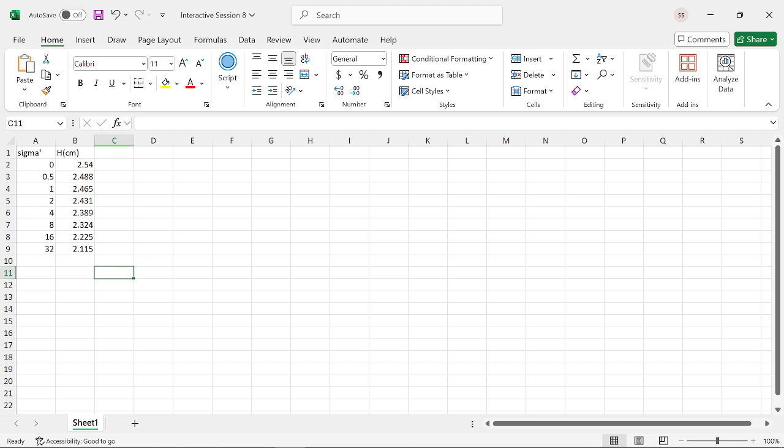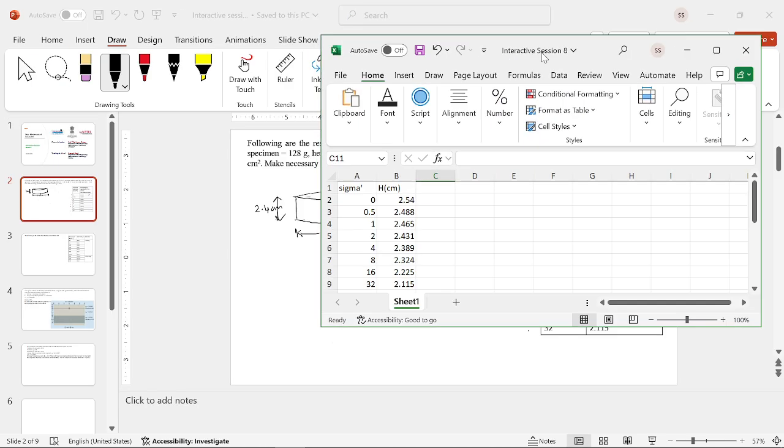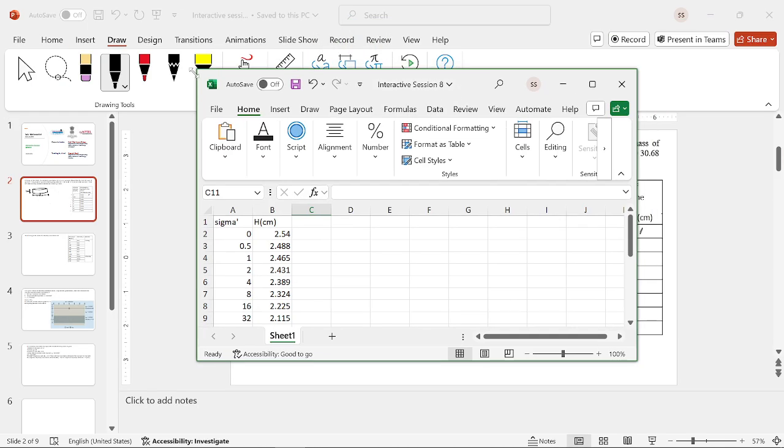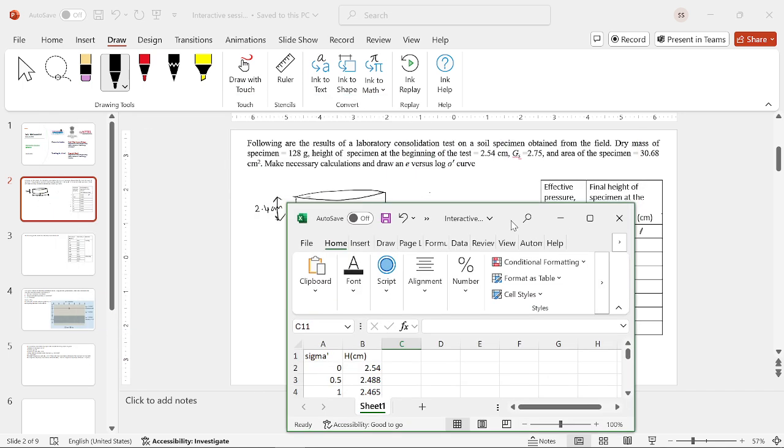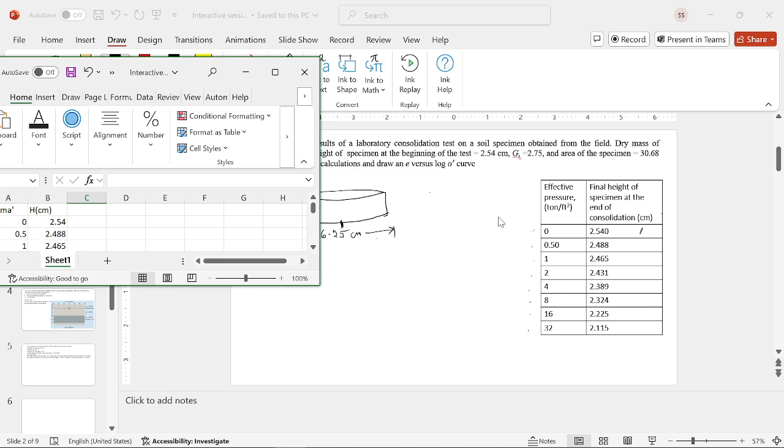So, let's calculate the height of solids from this. So, how do we calculate the height of solids from here?